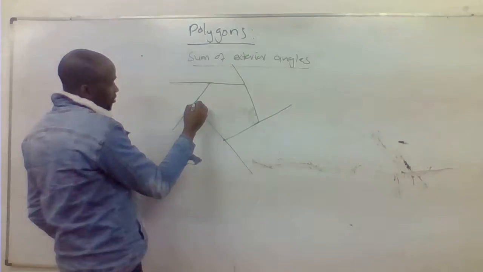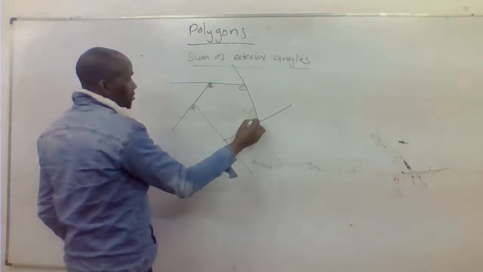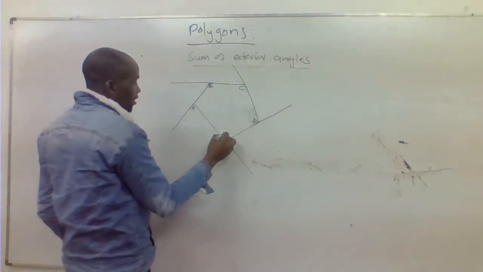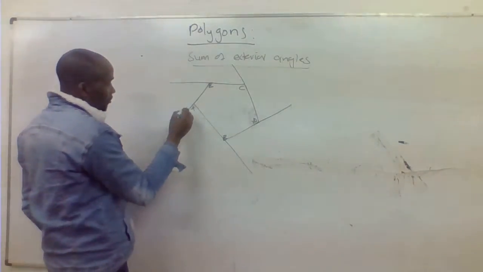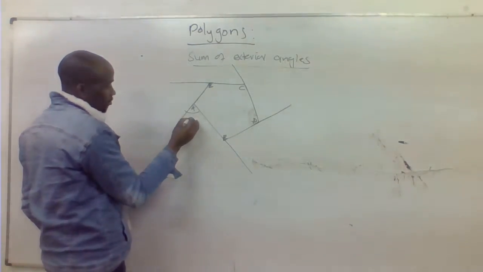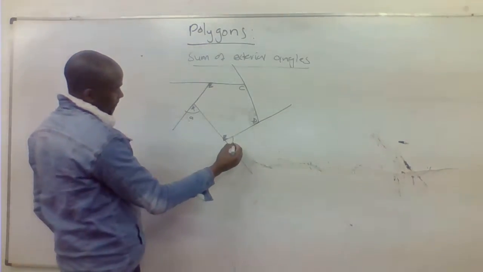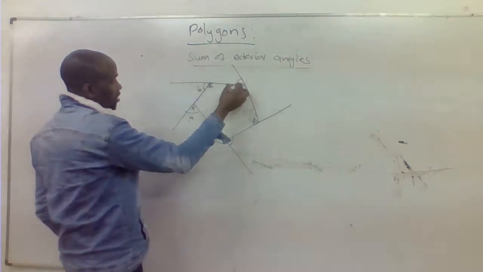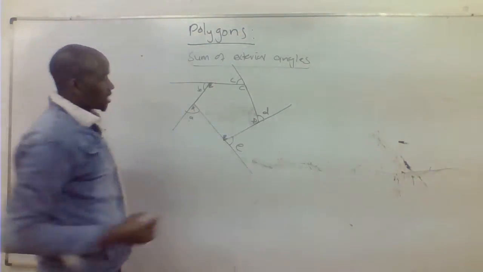So you can label this as point A, we have point B, point C, point D, point E. So let's say this exterior angle is A, then the other angle is, let's say this one B, then we have C, angle D, then angle E.